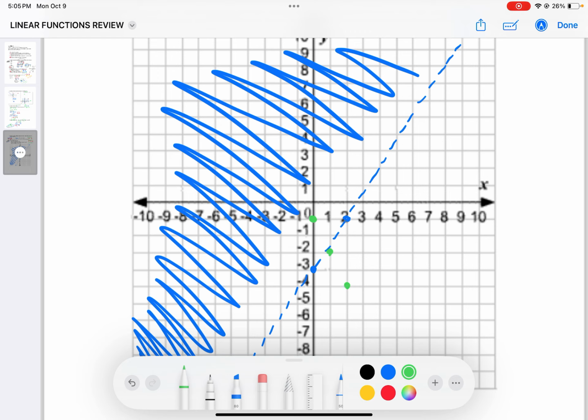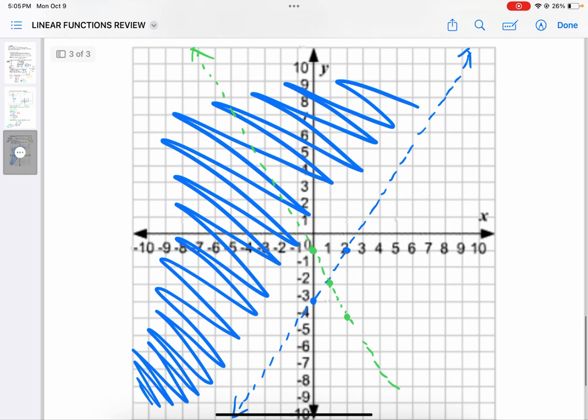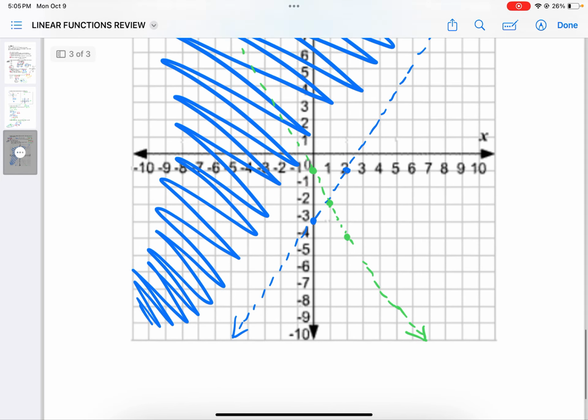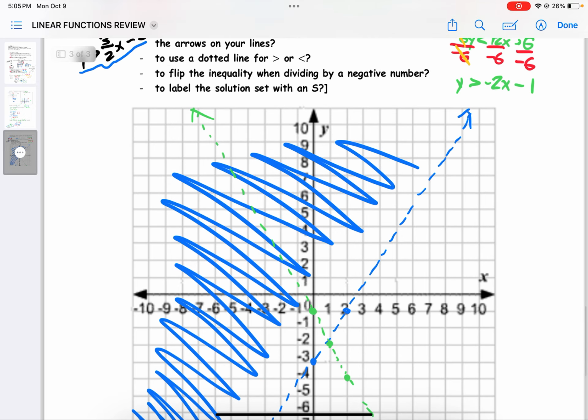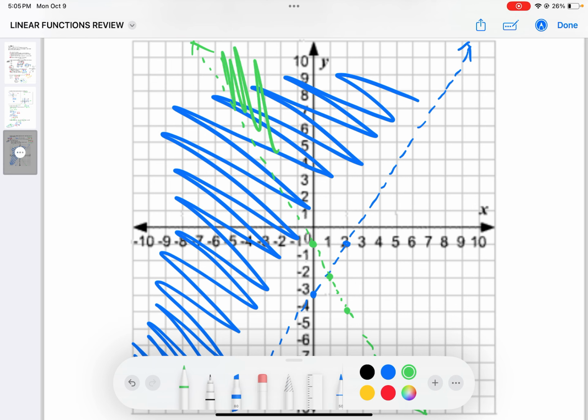Okay, and now I have another line that I can draw. Dotted, of course, because it's a strictly greater than. Put in some arrows. And now I shade. Once again, everything bigger than this line, so I know that's going to be everything above it.